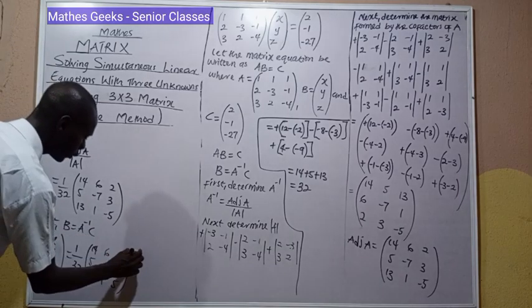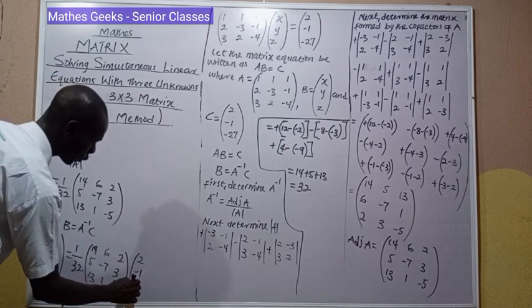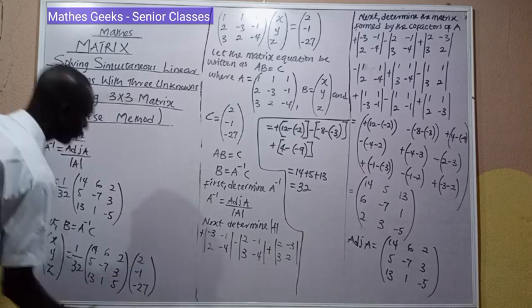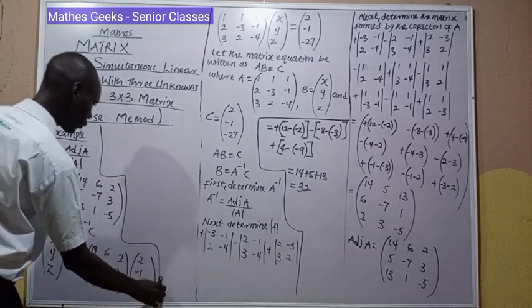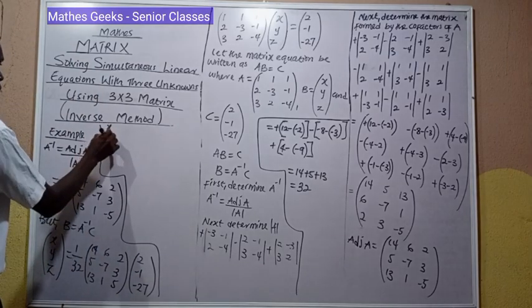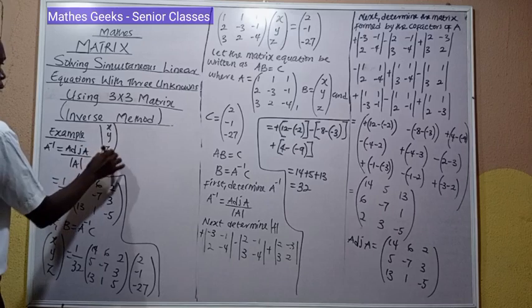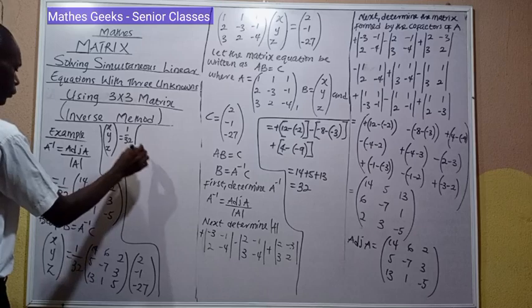Our C is 2, minus 1, minus 27. So we're going to multiply this.